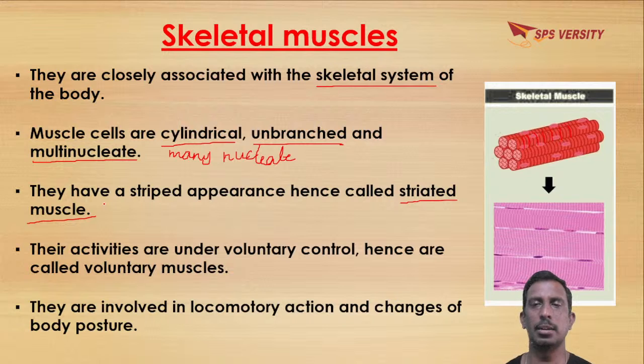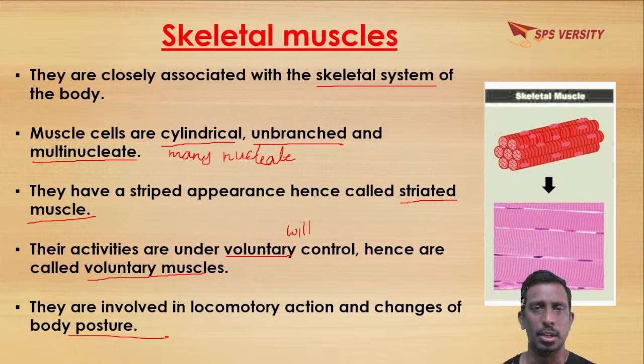And these skeletal muscles work under our will. That means they are voluntary. That's why they are also called voluntary muscles. And they are involved in locomotion, that is change in body posture.